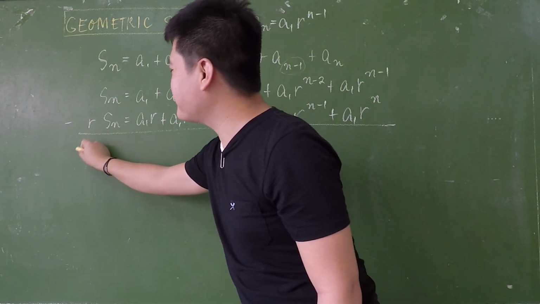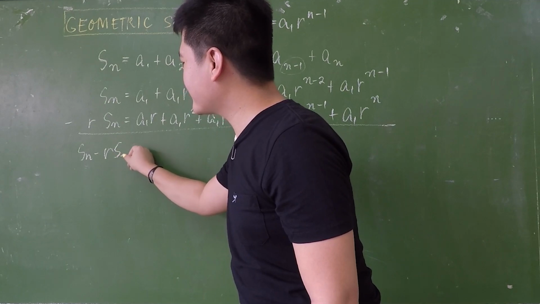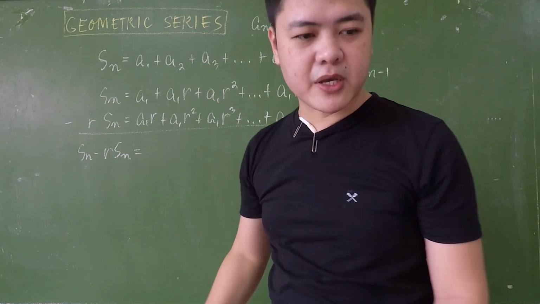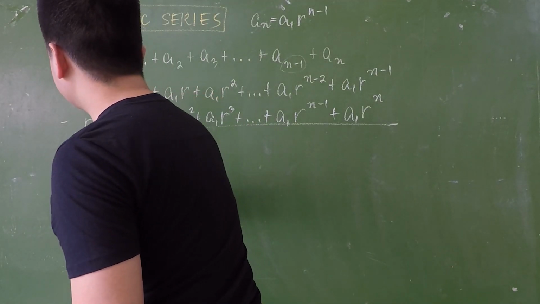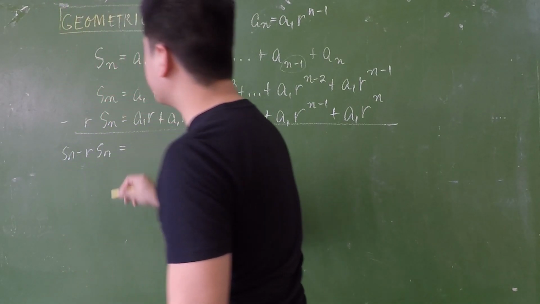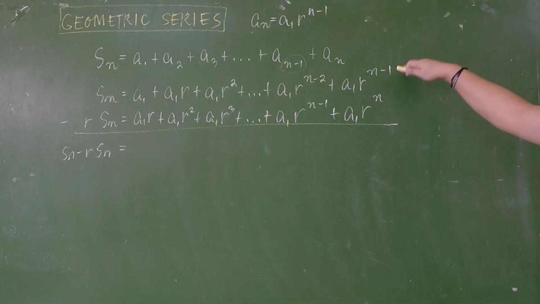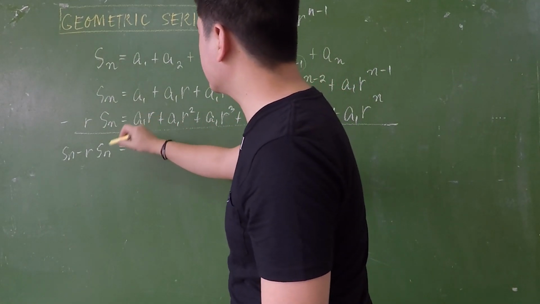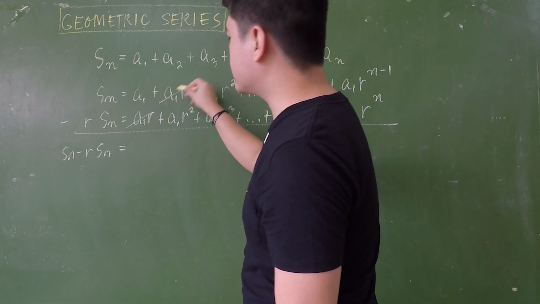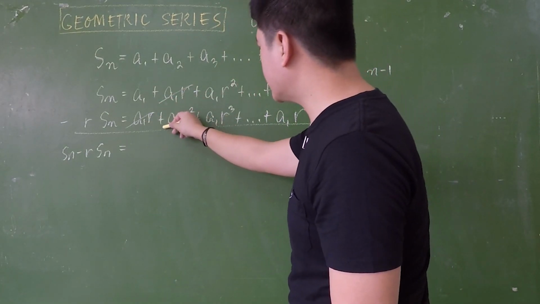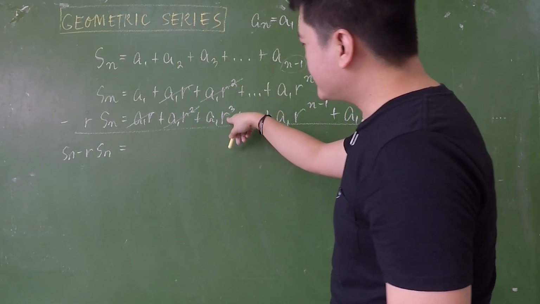So it will become S sub n minus r S sub n equals. So, kung i-minus natin to, dito sa taas, makakancel na tong mga similar terms. So, makakancel na yung a sub 1 r, a sub 2 r, makakancel na din yung a sub 3 dito.